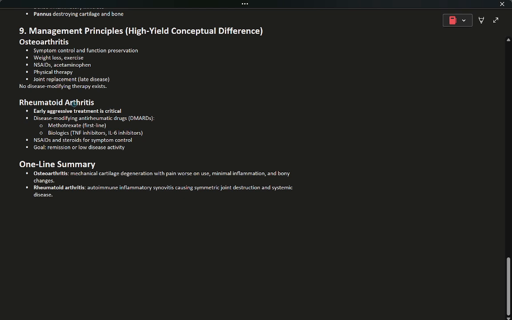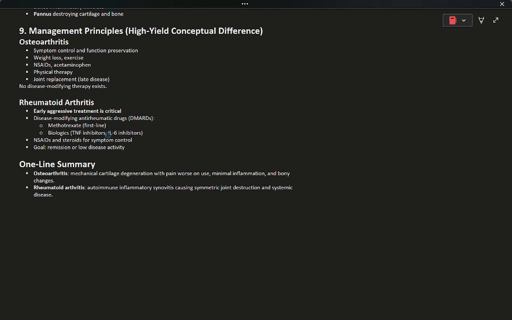For rheumatoid arthritis, early aggressive treatment is important, and thankfully we have disease-modifying anti-rheumatic drugs, or DMARDs. These include methotrexate, which is a first-line anti-rheumatic drug, and then we have some biologic agents like TNF alpha inhibitors or interleukin 6 inhibitors.